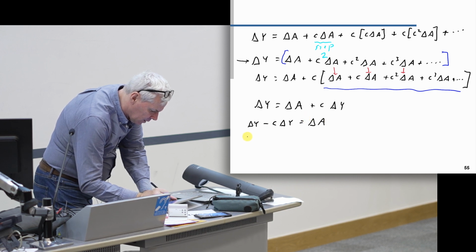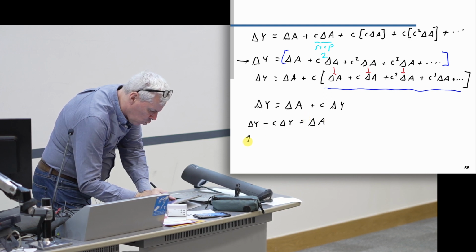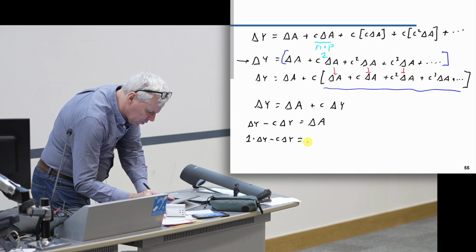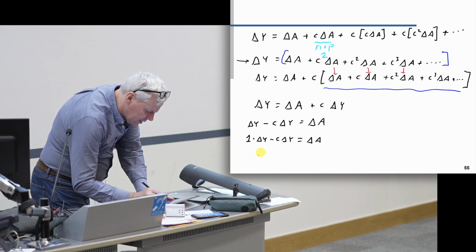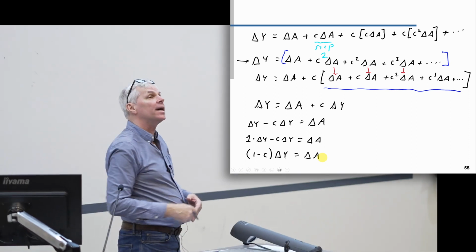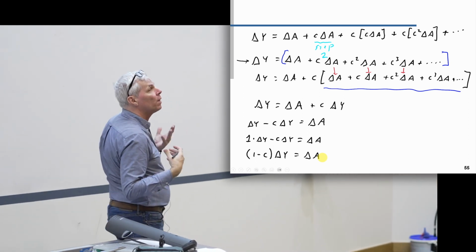Just, I'll belabor the point. 1 times change in y minus c times change in y is equal to change in A. And so 1 minus c times change in y is equal to change in A. And then I can divide through by 1 minus c, right?